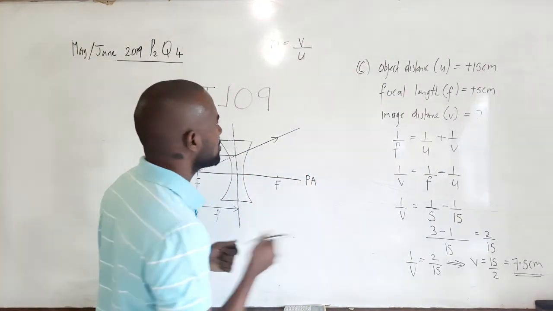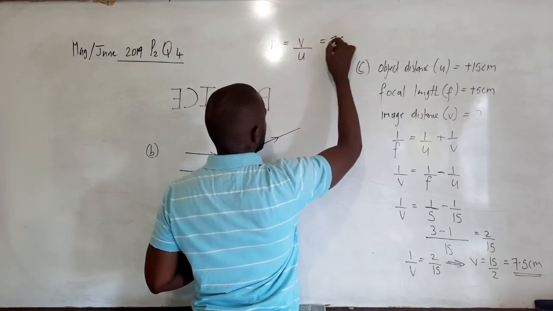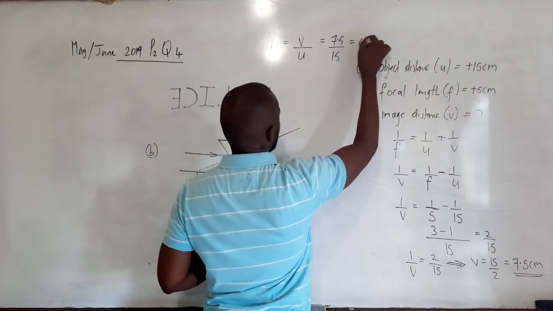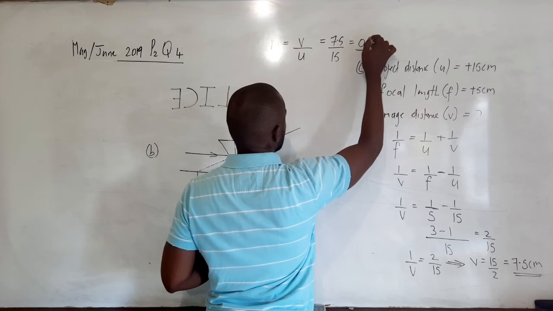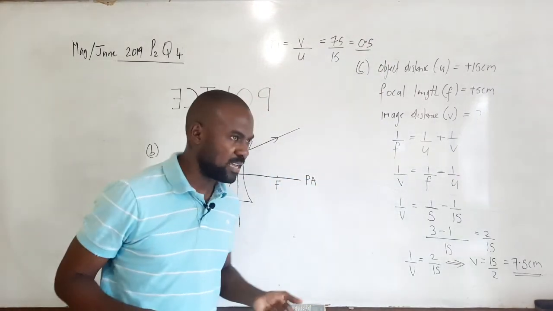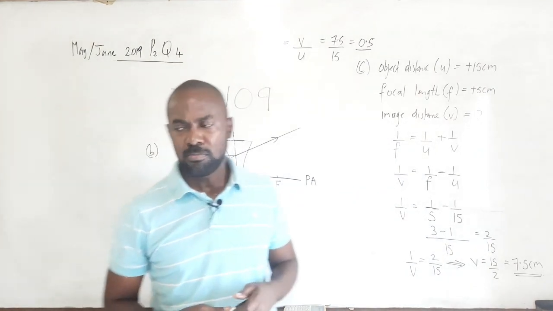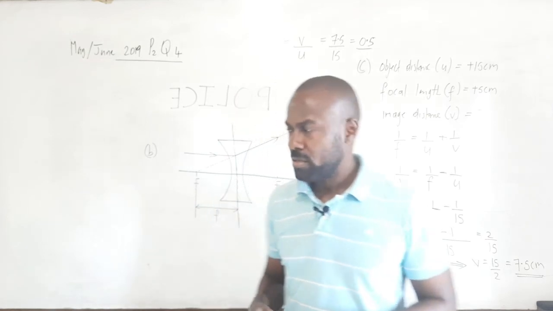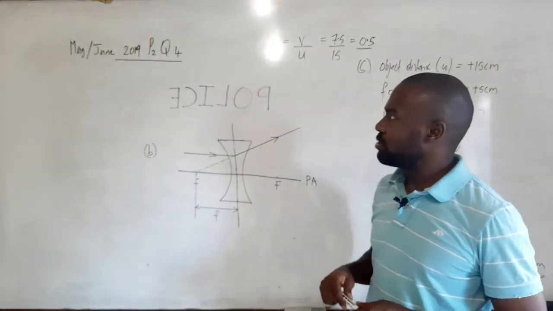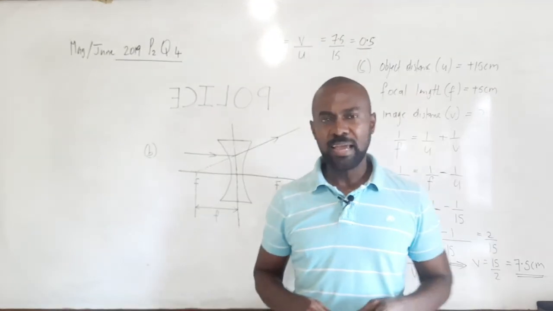So this gives us 7.5 divided by 15, which is equal to 0.5. So the magnification is 0.5, which basically tells us that the image is half the size of the object, right? So this was a May/June 2019, paper 2, question 4 on light and optics.